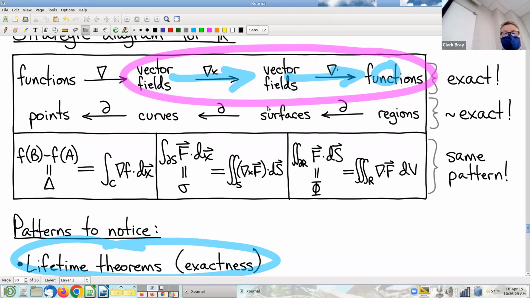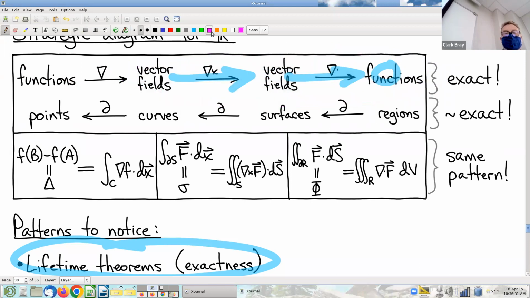If you have a curl, the divergence is equal to 0. And furthermore, if you have a vector field for which the divergence is 0, it's a curl of something. Said differently, it has an anti-curl.